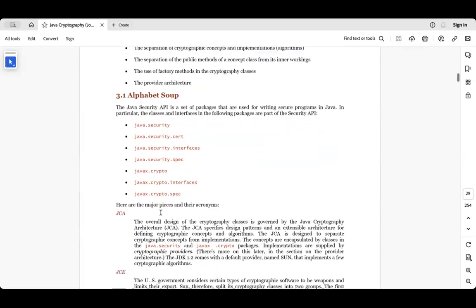For example, java.security, java.security.interfaces, java.security.specs, javax.crypto, javax.crypto.interfaces, javax.crypto.spec. So these are some of the packages which we normally import when developing a Java application in order to enhance the security of the application.